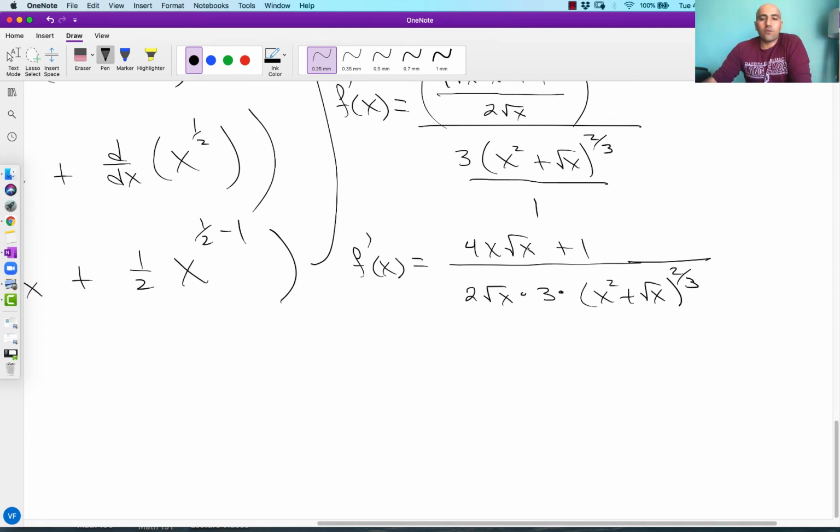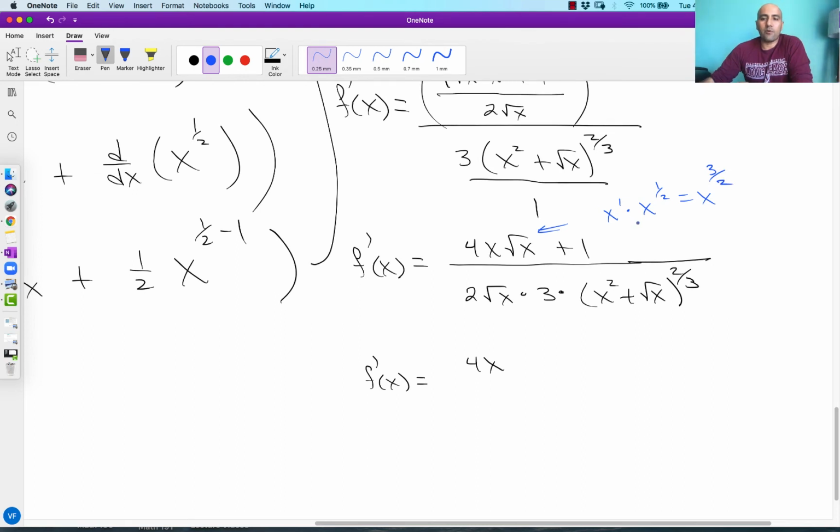x times root x, that's equal to x to the power of 1 times x to the power of 1/2. So this is f prime of x is going to be equal to 4, and x to the power of 1 times x to the power of 1/2 gives you x to the power of 3/2.